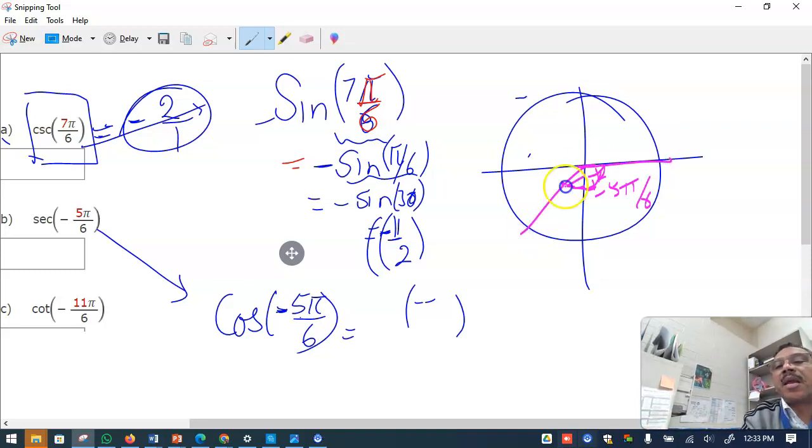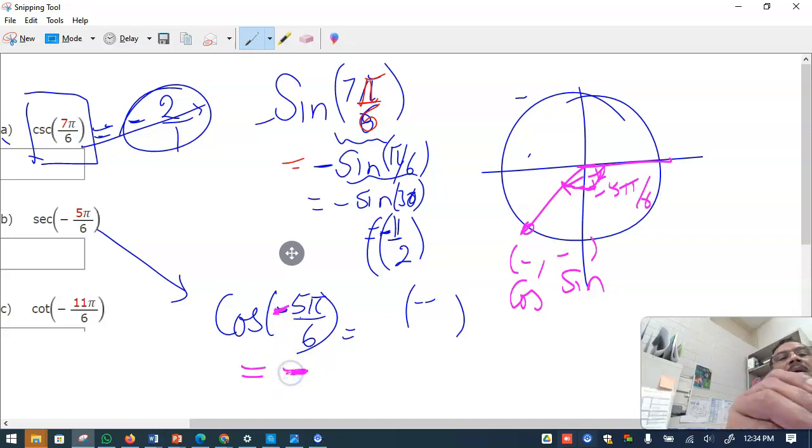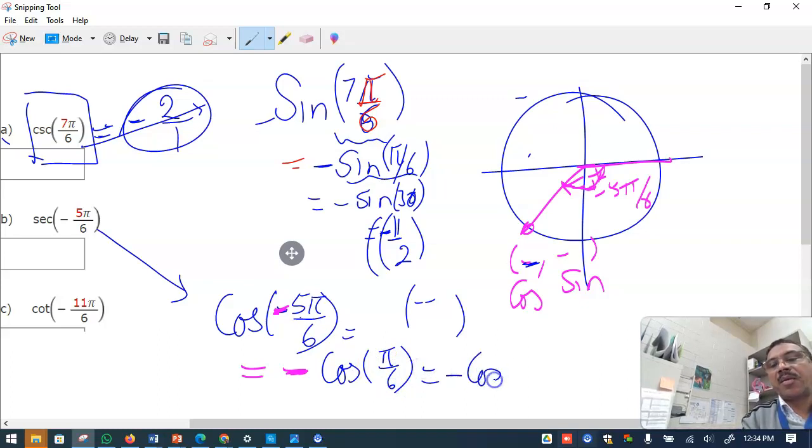So this is the angle minus 5 pi by 6. Both minus minus, cosine is negative, sine also is negative. So when you write this answer, we're going to write this as minus, because cosine is minus, and then cosine of the reference angle, which is pi by 6. And that is same as minus cosine of 30, and we know cosine 30 is root 3 over 2, and you're done.